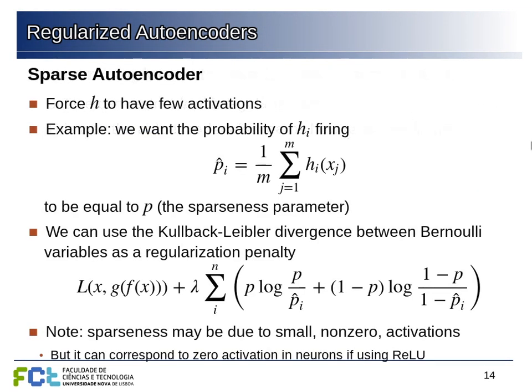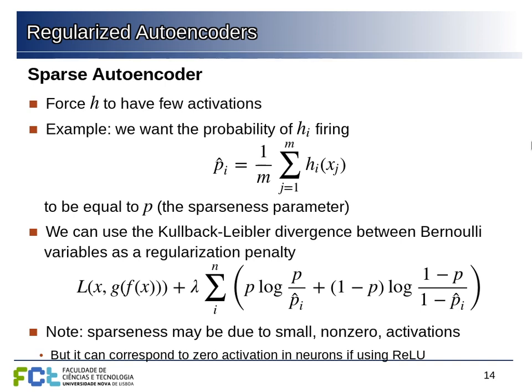For example, in a sparse autoencoder, we try to force the autoencoder not only to reproduce the input faithfully, but also to have a small number of activations in the hidden layer, in the representation it creates. So let's measure the average activation in the hidden layer by summing the activations of the neurons in the hidden layer for each example, and dividing by the number of inputs we have there.